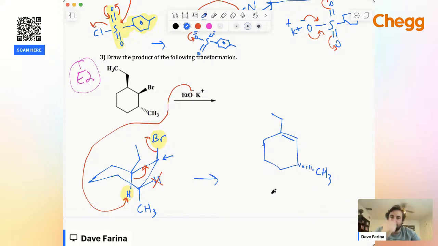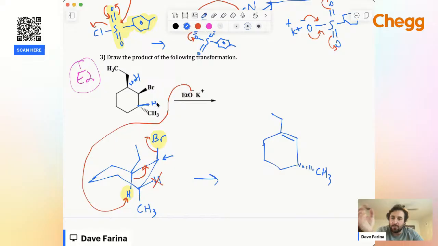So what did we do? Now, if we were over here and we were just looking top down, we would think, all right, I have 2 protons available for beta elimination, and we might even lean towards getting this one because it's a little bit more available sterically. It's on a carbon with a methyl rather than an ethyl.